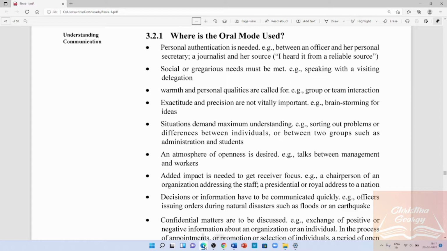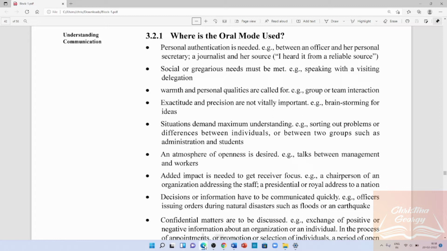Certain situations demand maximum understanding. For example, sorting out problems or differences between individuals or between two groups such as administration and students. For that matter, do you think it would be effective writing formal letters or drafting emails? Of course not. For that matter, you will have to resort to the oral mode of communication.